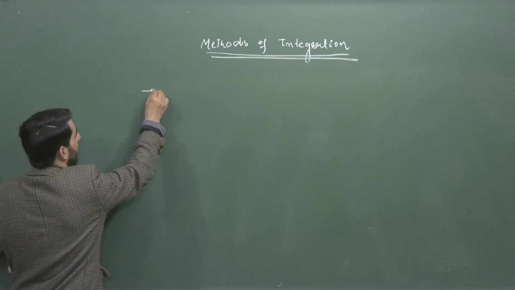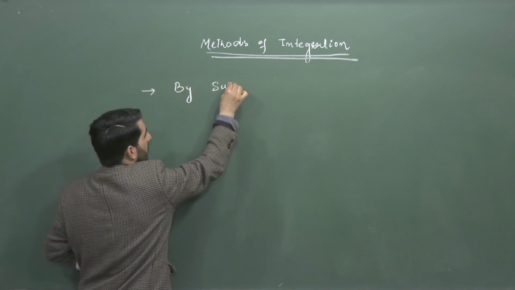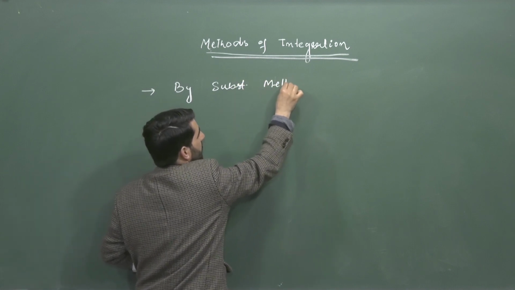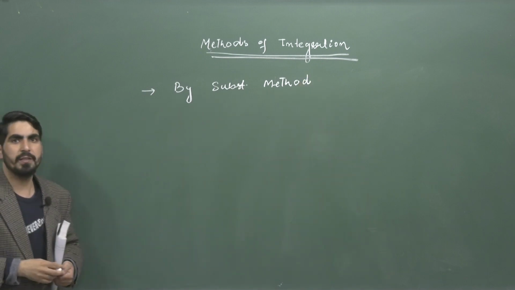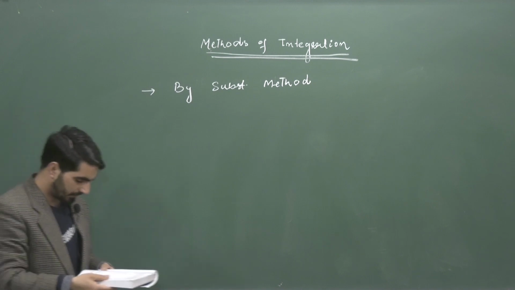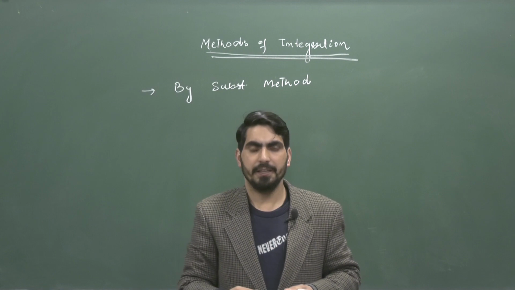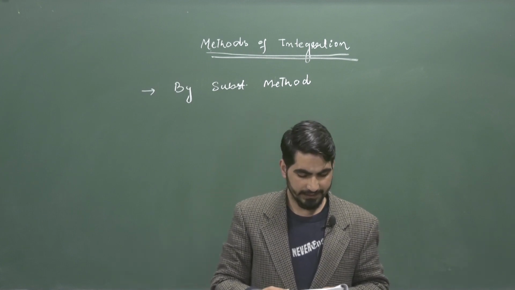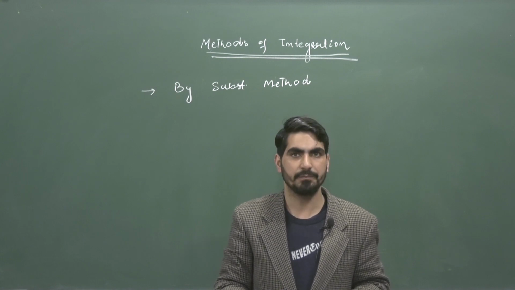First of all, we will take this method, that is, integration by substitution method. What is this method? If the integrand is not a derivative of a simple function, then the corresponding integrals cannot be found directly.